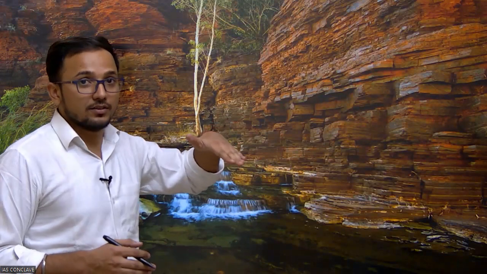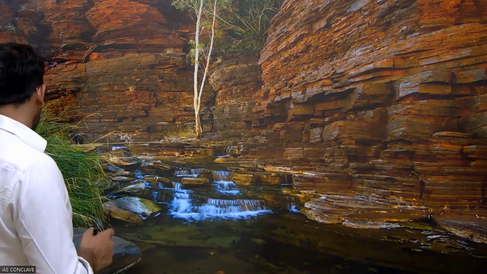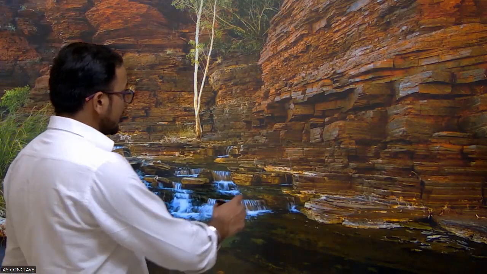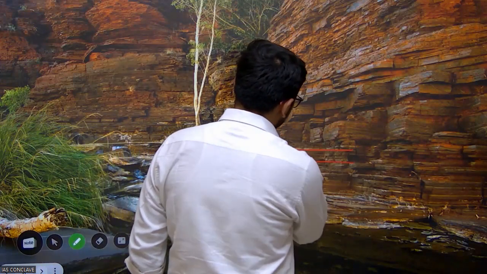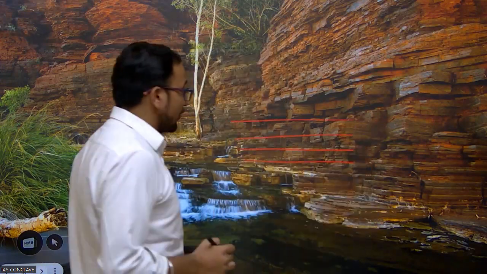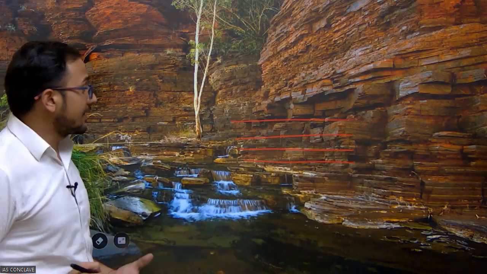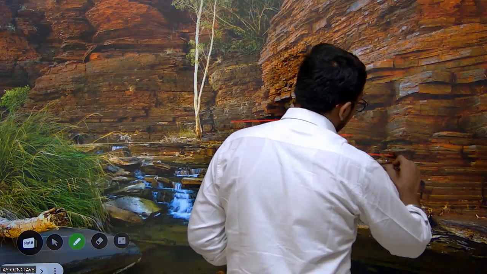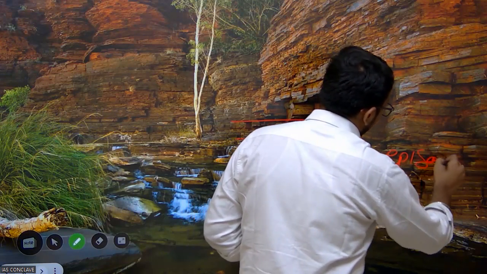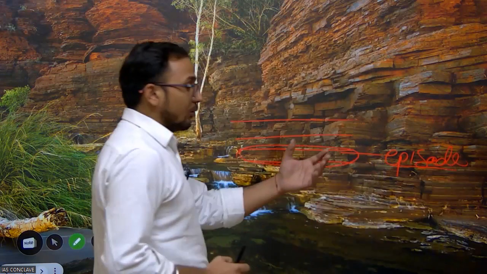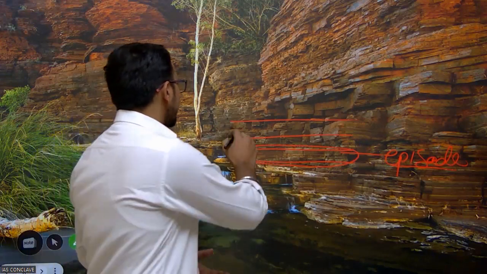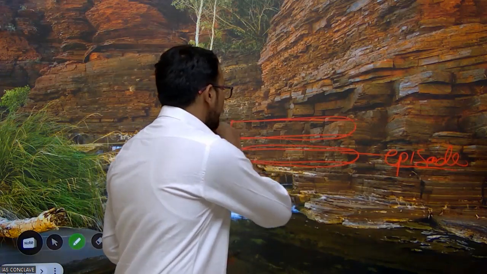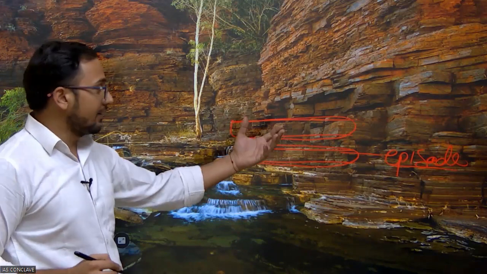This is how sedimentary rocks provide clues to the geological past, because sedimentary rocks form in a layered structure, in strata. Each particular stratum signifies a particular episode of deposition, and here another episode of deposition begins.